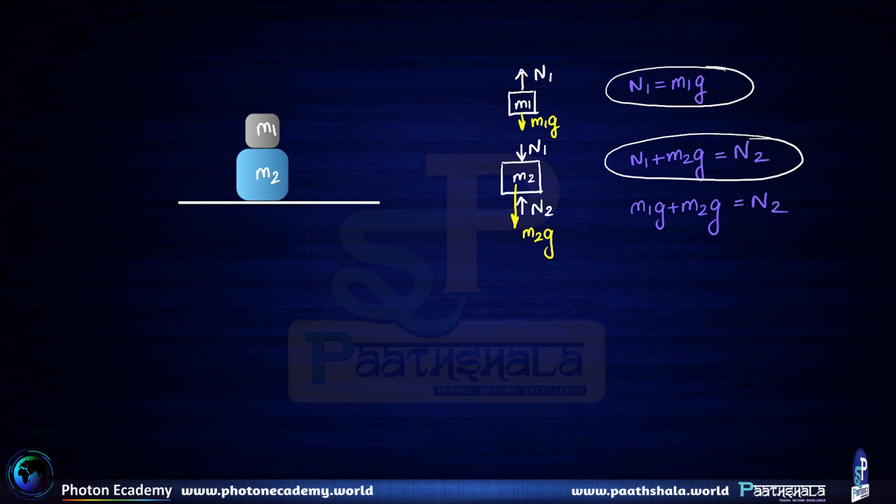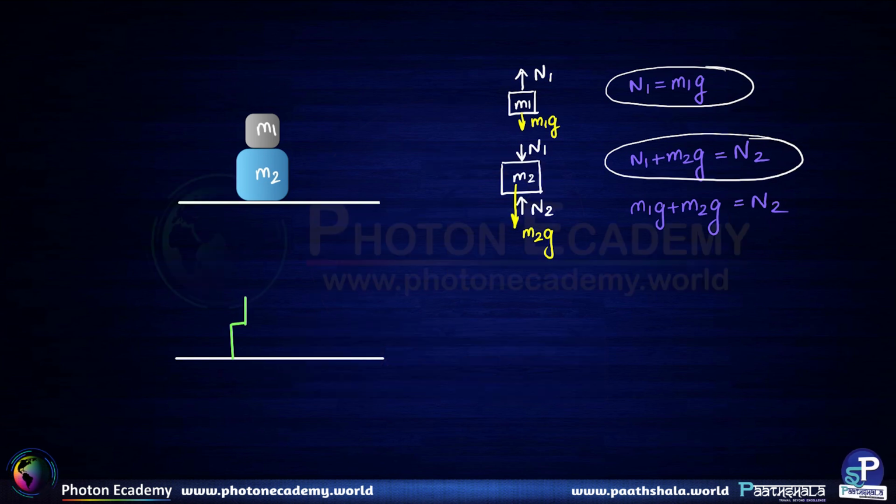We could have derived this if we had considered that this is the horizontal surface, and if we had considered these two blocks as one combined system, because they are not moving with respect to each other.